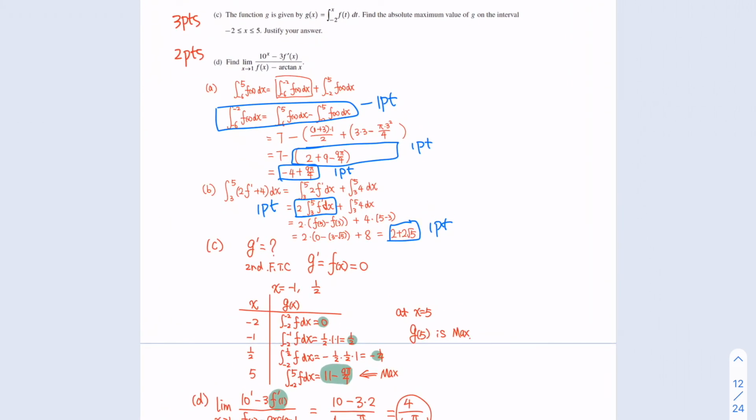Part B: the fundamental theorem of calculus, 1 point, and 1 point for the answer. Part C: the second fundamental theorem of calculus, 1 point; the explanation, 1 point; and the final answer, 1 point. And the last problem, 1 point. So altogether, 9 points.